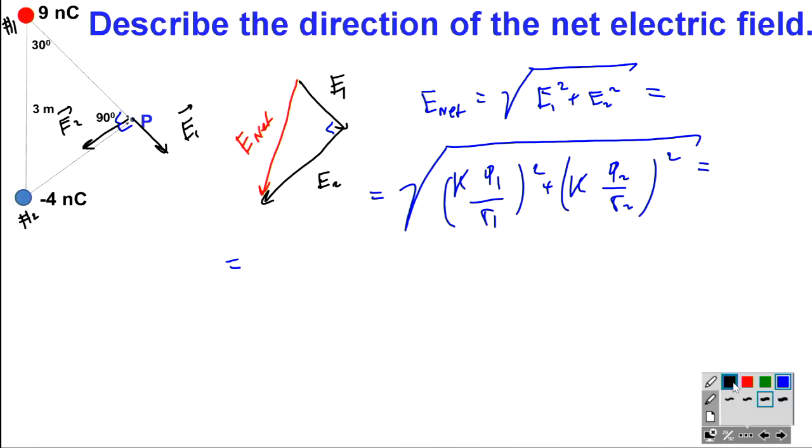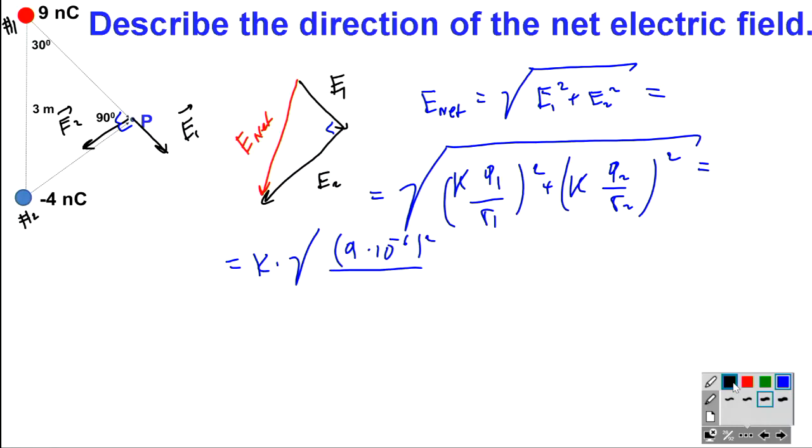Well, K, now I'm doing some mathematics in my mind. That means I can make a mistake, so you have to check. K is the common factor. It's squared and the square root is taken of that. So what's left inside? Now I start using numbers. Q1, 9 nanocoulombs squared.